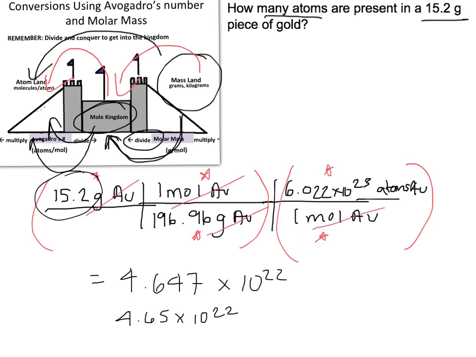Moles of AU and moles of AU are going to cancel. And atoms of AU are what remains. So we'll write atoms of AU. Okay, and this is our final answer. Notice we've gone from grams into atoms. That's what we see based on our dimensional analysis and our unit analysis. And we have the correct significant figures for our answers.